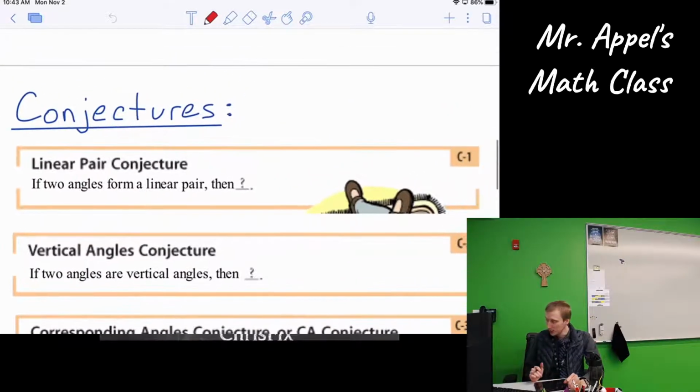So then let's see what we had for our first conjecture. Remember, it is a conjecture because we haven't proven it yet. We are just using inductive reasoning. We're saying, okay, I tried 50 different linear pairs, right? If we were to measure 50 different linear pairs, I'm pretty sure they always do this.